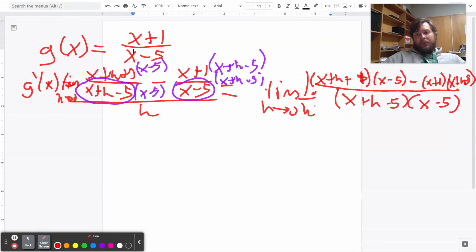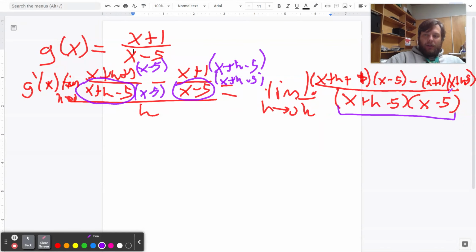I really suggest that you do not worry about distributing out the denominator. That's going to be okay. Don't waste your time on it.